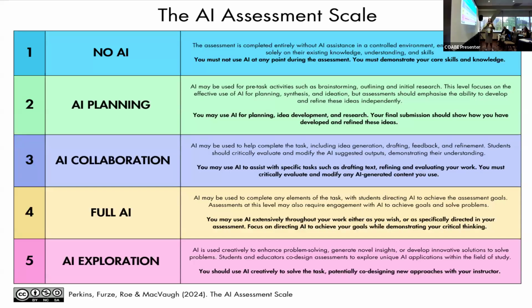So for example, the first level is no AI. Okay. Show the framework, show them, okay, this assessment is completed entirely without AI assistance in a controlled environment, ensuring that students are relying on their existing knowledge, understanding, and skills. Okay. And all in bold, you must not use AI at any point during the assessment. Okay.